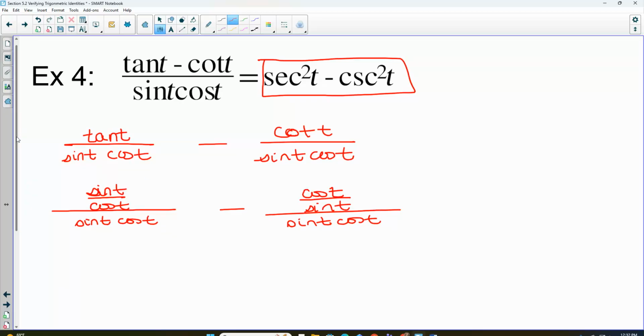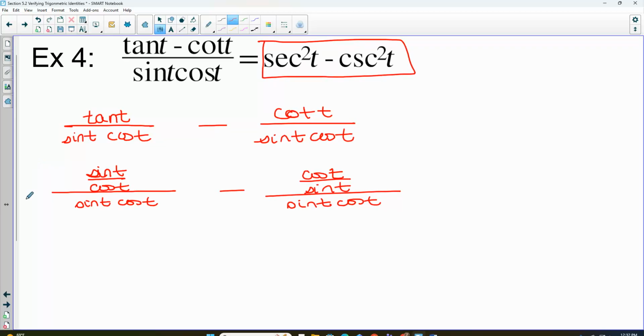All right. This is kind of ugly. But what I have here is essentially a fraction and a fraction. This is like sine t cosine t over 1. How do you divide fractions?